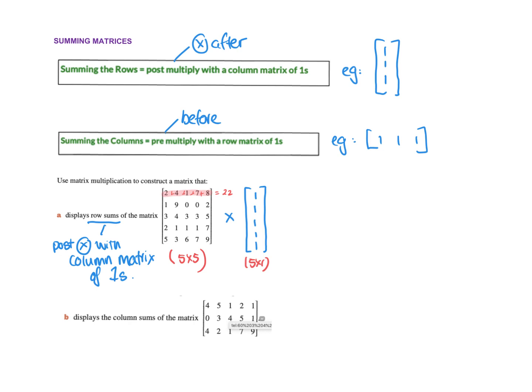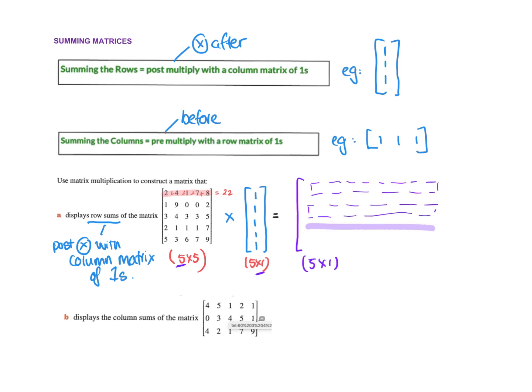If we were manually doing this, we'd end up with a 5 by 1 answer. So I'm just going to do 1, 2, 3, 4, 5, okay? So it will look like that.